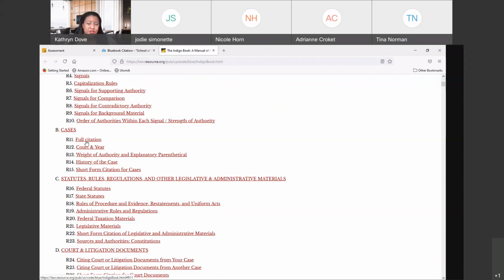You could cite to a treatise about contract law. Just to show you what a treatise is, it just so happens I have one, and it's very old and dusty. This is Corpus Juris Secundum. This is the body of the law. Some law firms that you work at may still have Corpus Juris Secundum.